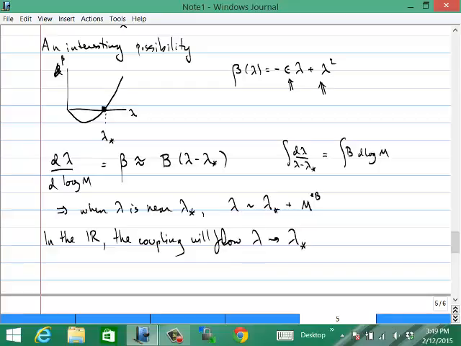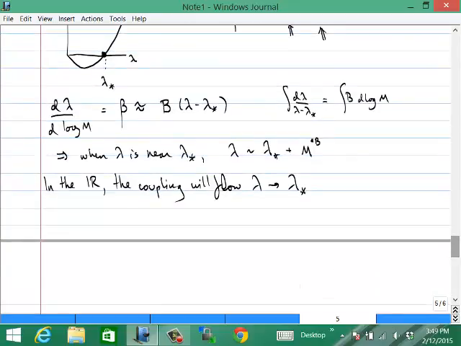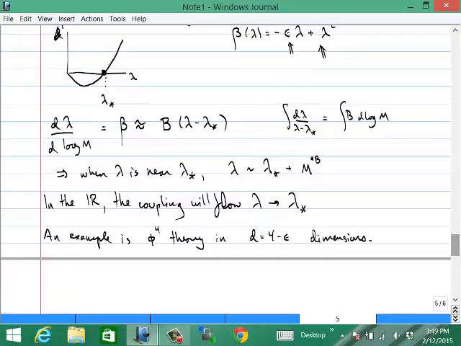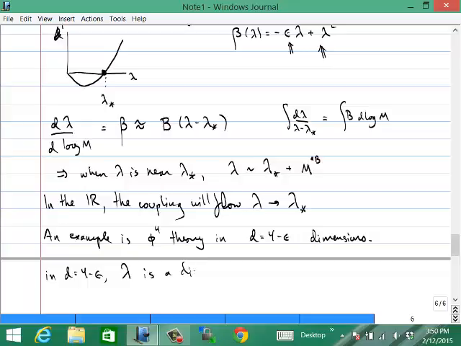So in particular, an example of this is phi to the 4 theory in less than 4 dimensions. And the point is that in d equals 4 minus epsilon, lambda now is a dimensionful coupling.